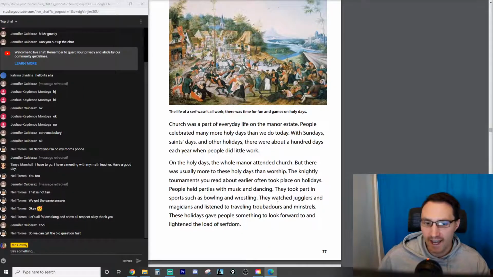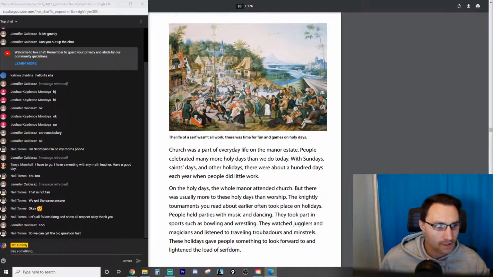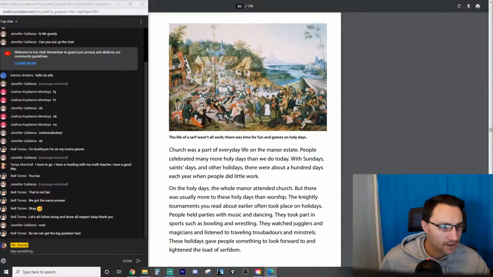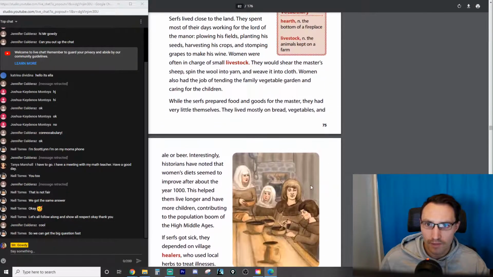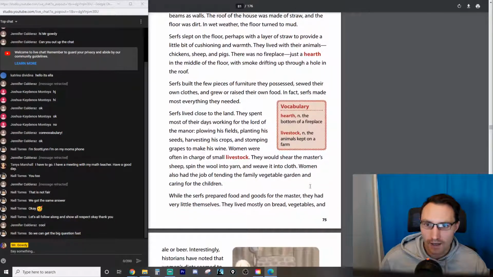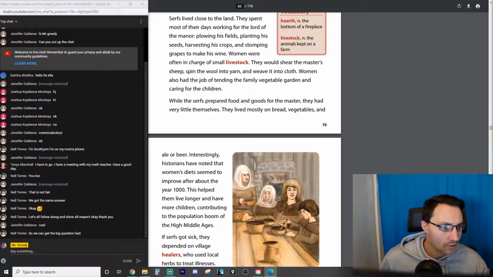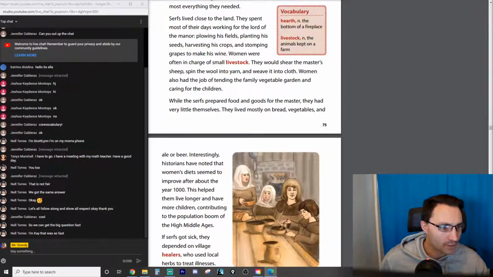Okay, so that is it, guys. Kind of crazy, right? Really quick lesson. So let's refresh the big question. The big question was from this section right here. So the big question is, why does the author say that serfs live close to the land?